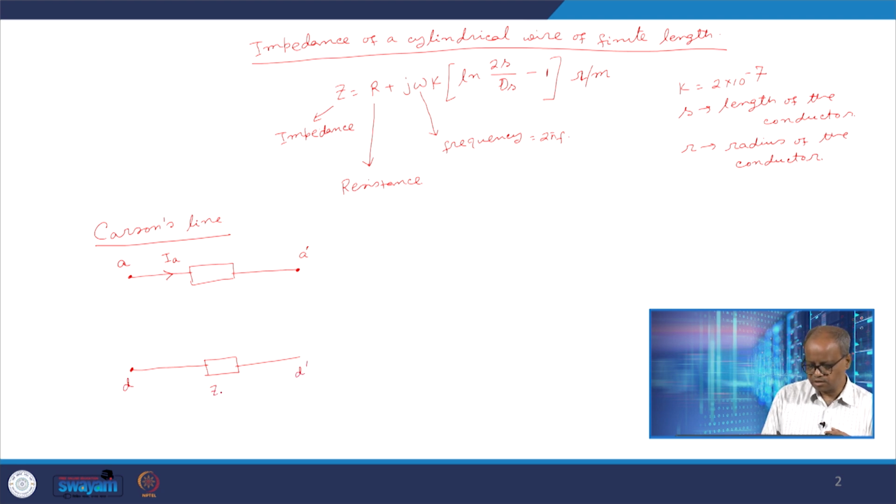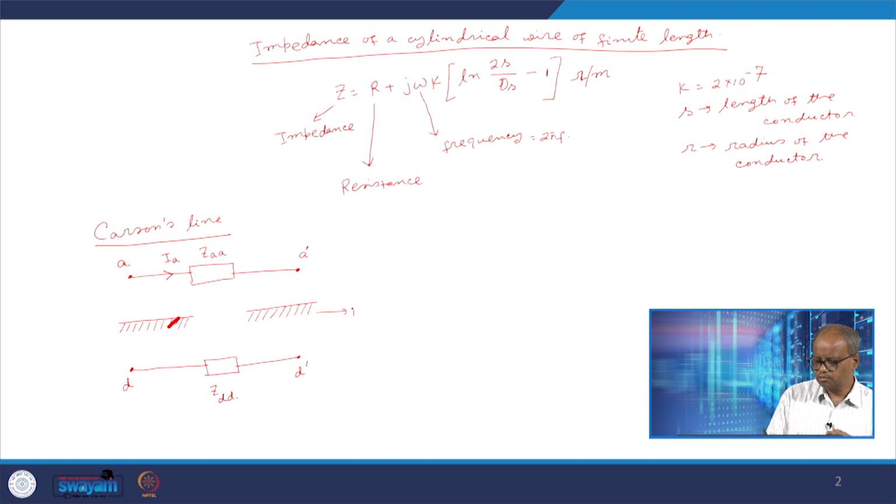Let us say it has ZAA, and it has some ZDD with some impedance. Here I have a local ground, and I have a remote ground.